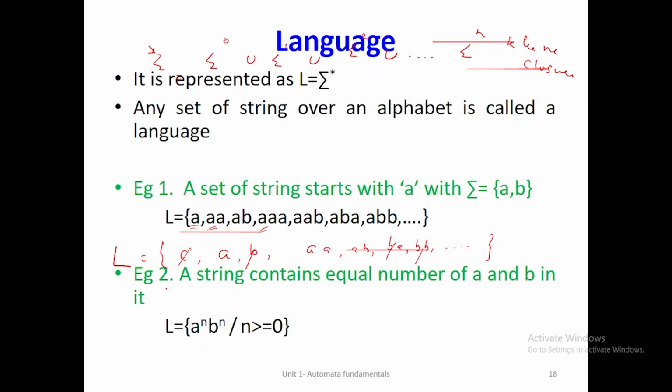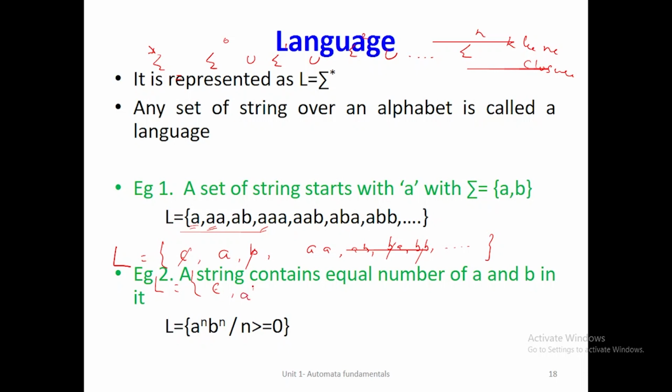If the length is 0, there is a possibility of epsilon. There is no way of framing a single length string, because if A is available, the same number of B should be available. So there is no possibility of odd length strings. The only possibility is even length strings.